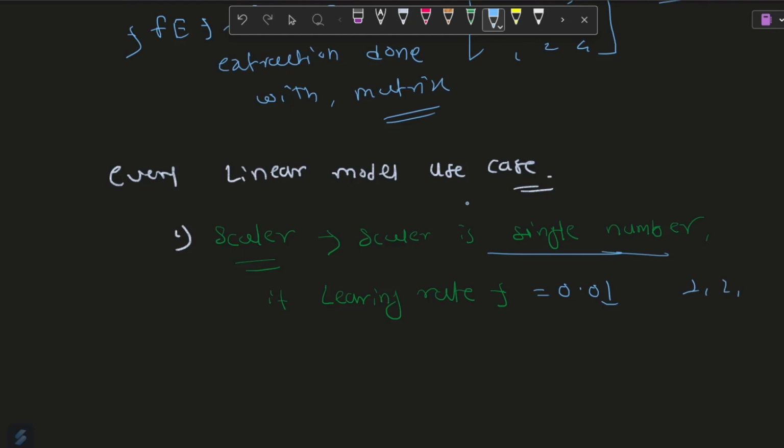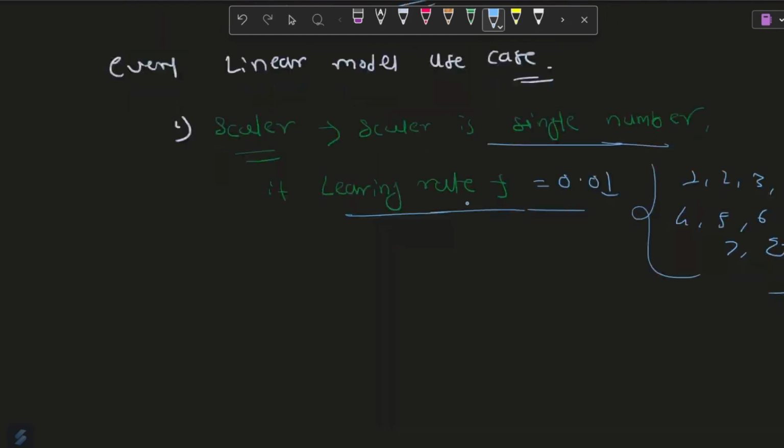It can be 1, 2, 3, 4, 5, 6, 7, 8. That's an example of a scalar value, and this is a learning rate. The learning rate is used when you train a model with linear regression, logistic regression, nearest neighbors; all these concepts are based on the scalar.